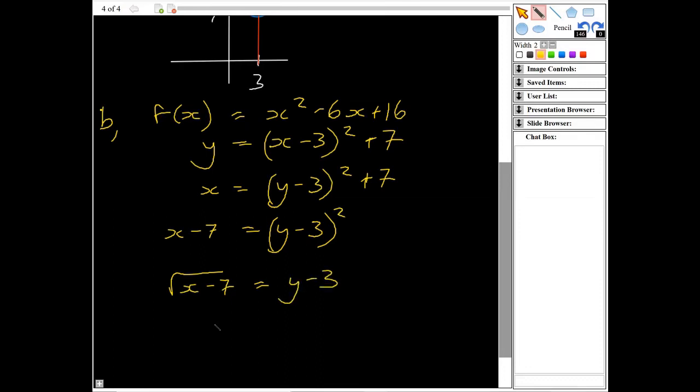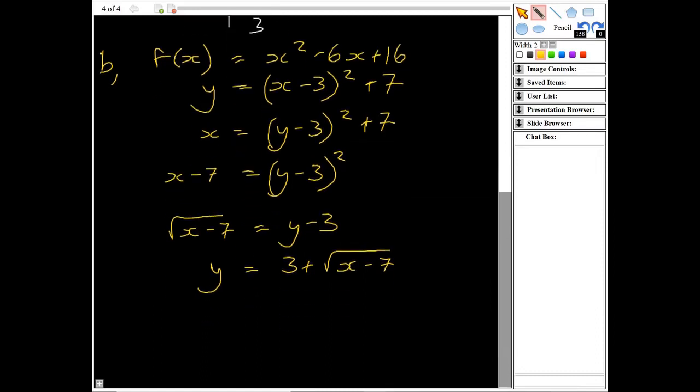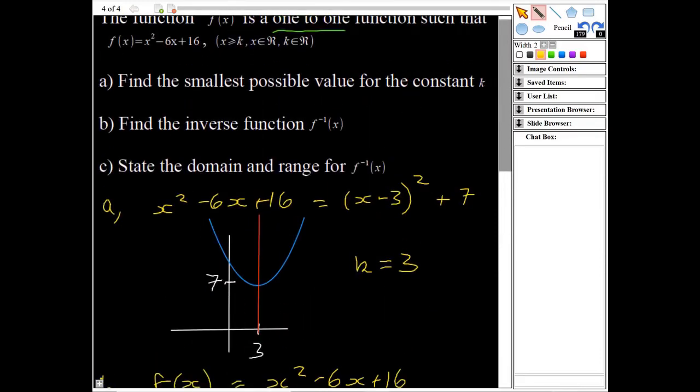And then I could add 3. Then all I need to do is write that in the form with the inverse function. So f minus 1 of x is going to equal 3 plus the square root of x minus 7. Okay, that should be done.